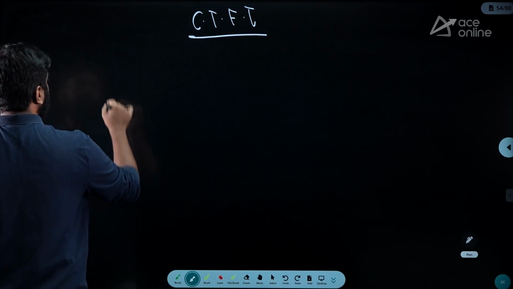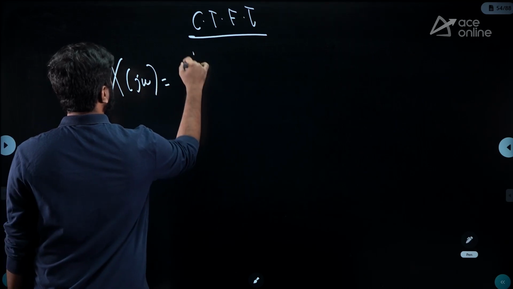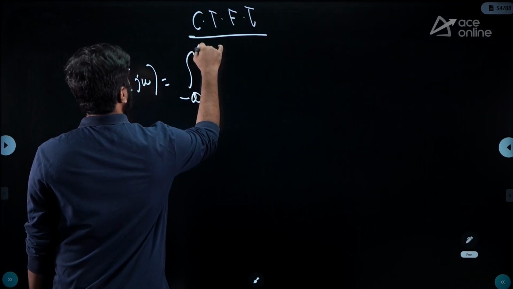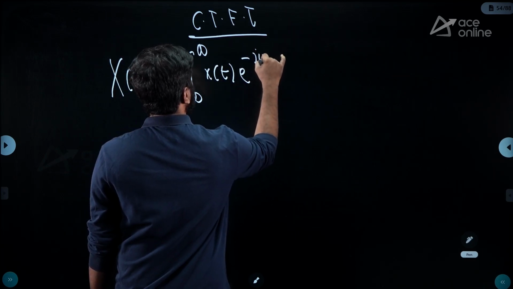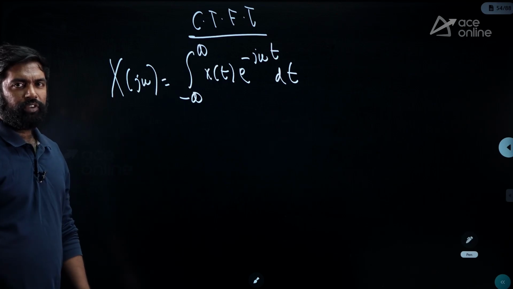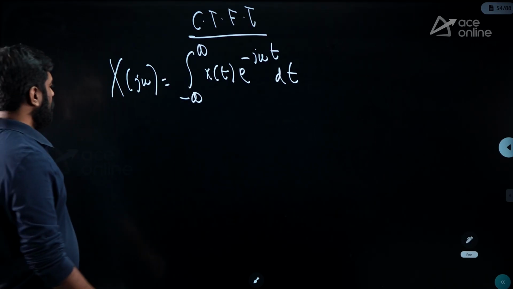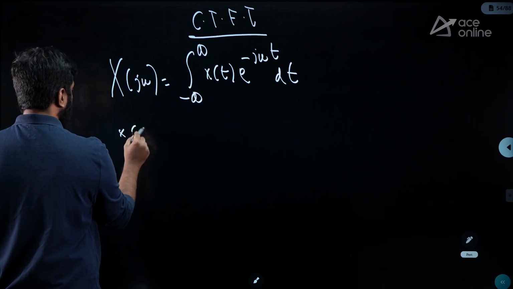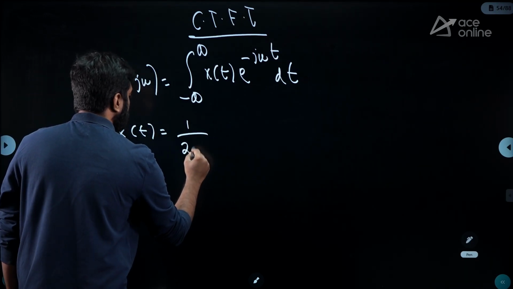So how do you find the Fourier transform? The Fourier transform is calculated like this: integration from minus infinity to infinity, x of t e power minus j omega t dt. If they provide you x of t, you substitute in this, you will get the Fourier transform. How is the inverse Fourier transform defined? You can also write x of t, which is 1 by 2 pi.